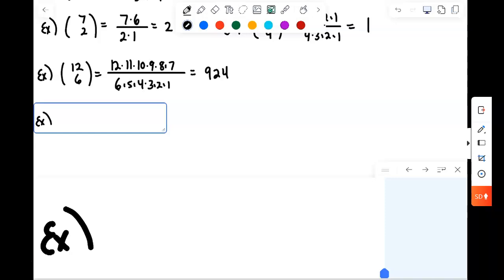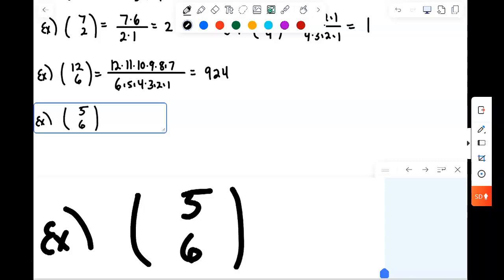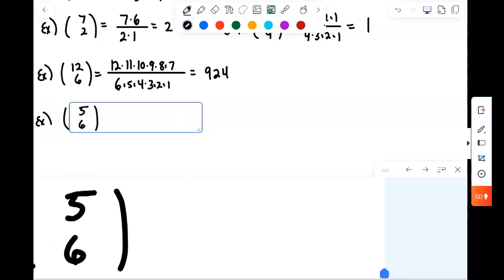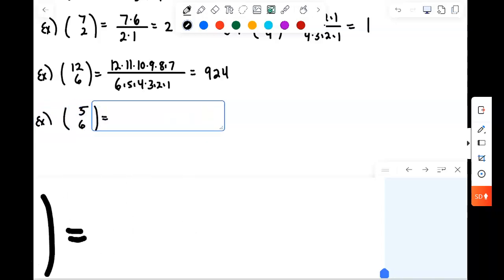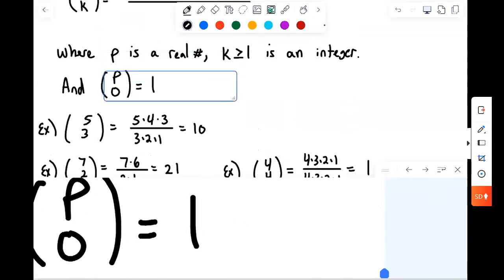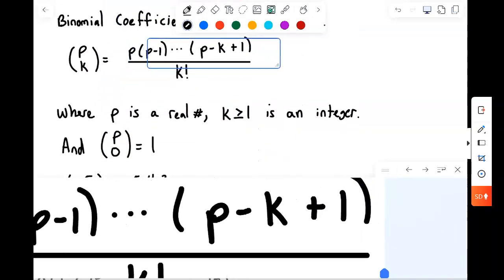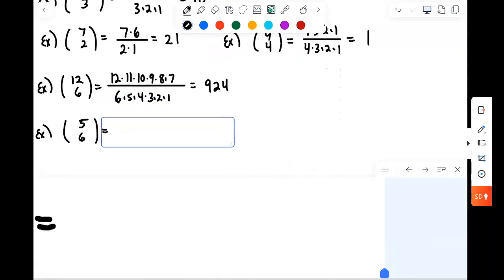One thing you might be interested in is, what if I choose a bigger number than what I have? Well, the rule up top doesn't care. It says just keep multiplying down till you get 1 more than the difference. The difference between 5 and 6, 5 minus 6, would be negative 1. 1 more than that would be 0.